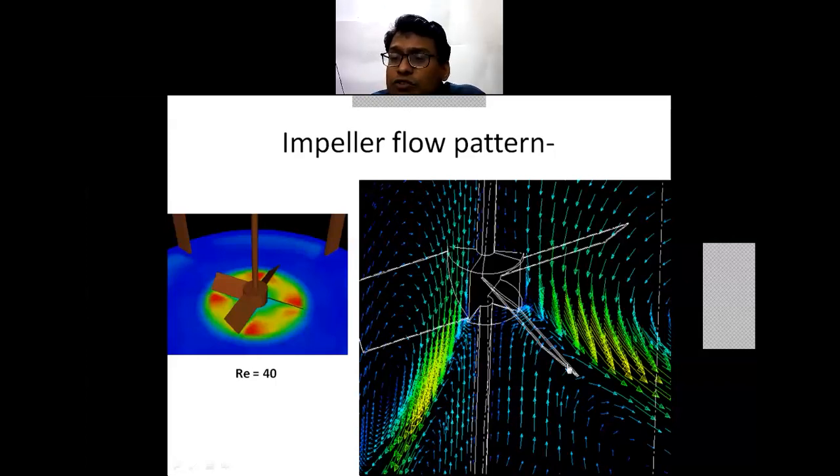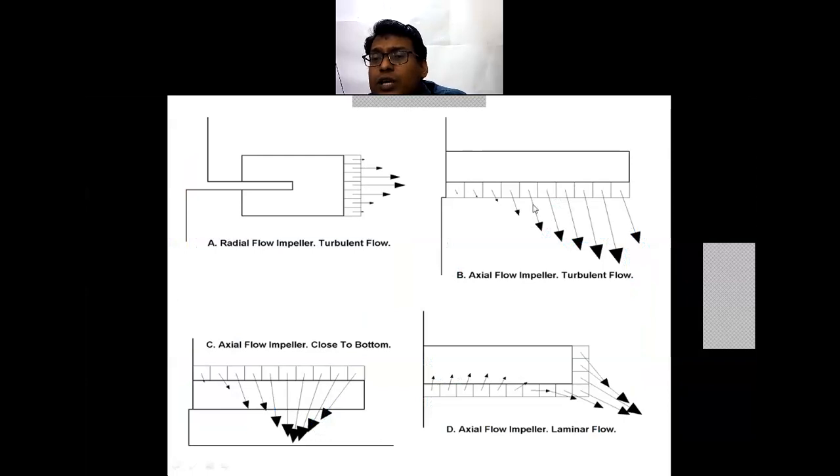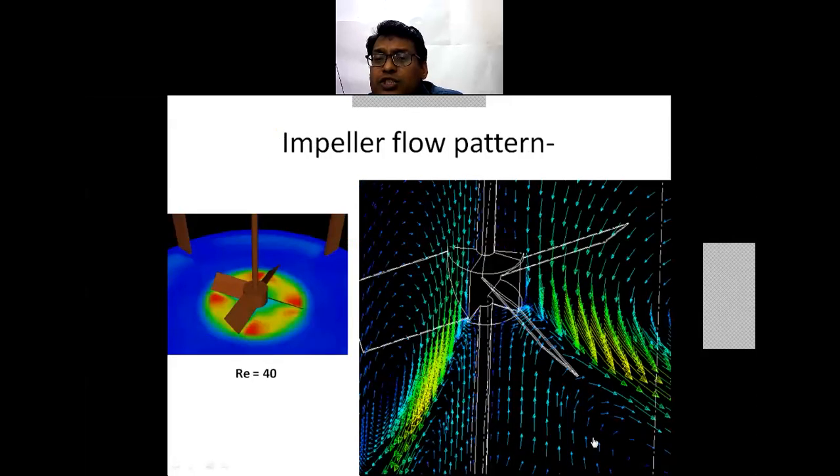Now, as you have seen in this figure, here you can see the axial flow impeller with a turbulent flow and the axial flow impeller with a laminar flow. Similar velocity vectors you can also observe from the impeller shaft. You can observe these velocity vectors going in the outward direction as well as in the downward direction. So all these are the velocity vectors that will be generated.